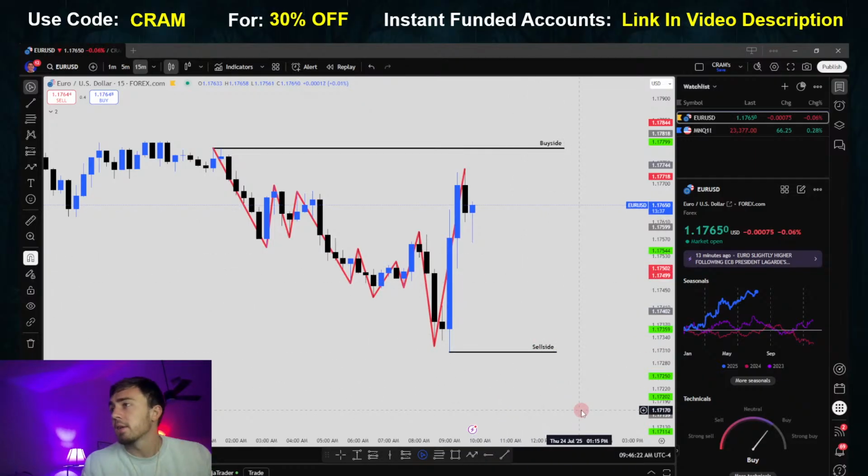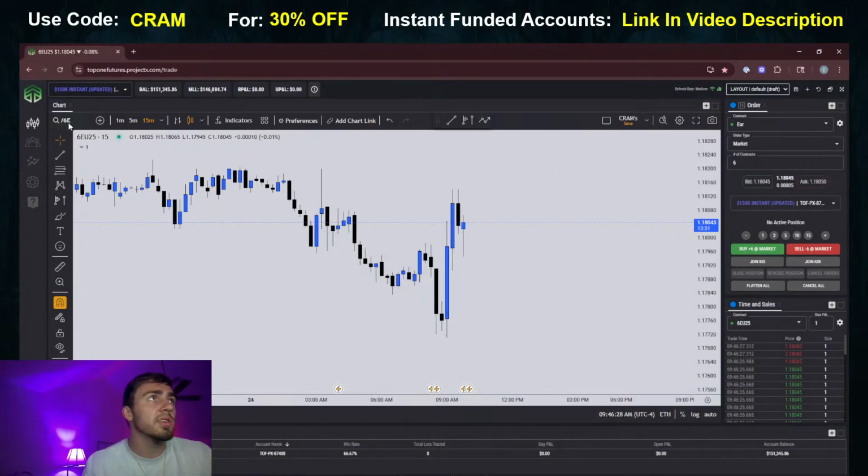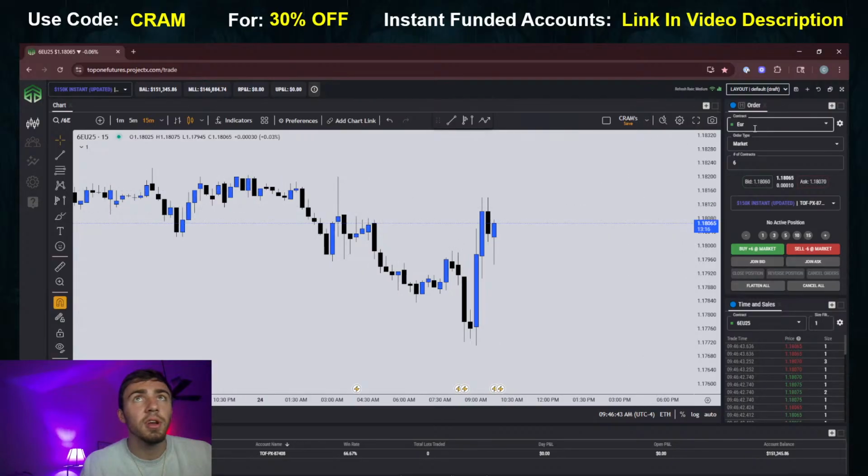The stream's lagging. 6E1 is the futures equivalent. It's 6E right here, but I think it's 6E1. It says 6EU25. There's the E-mini version of it, E7U25, and then M6EU25, the micro version. I'm just trading a straight up 6E, the 6EU25.